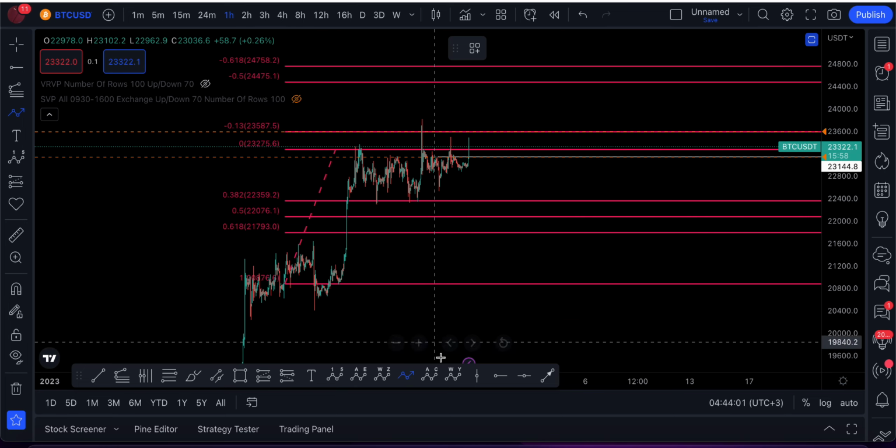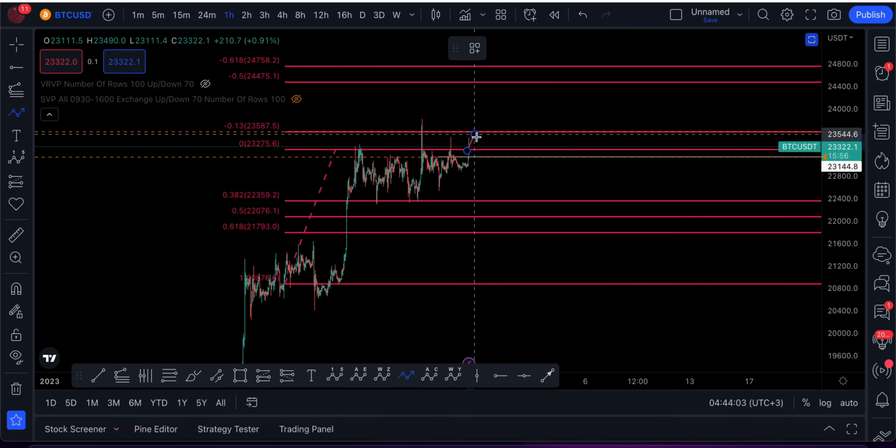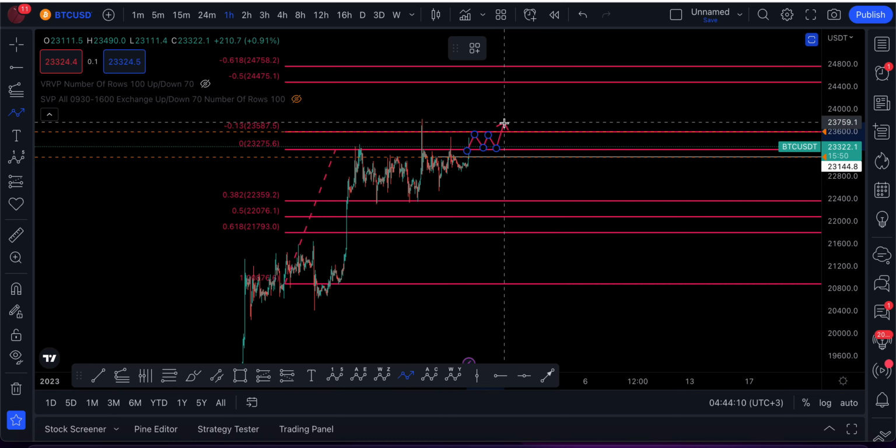If we can stay around in this area or bounce around in this area, that would be good. The best bull scenario would be if we break 23,587 somewhere there and then turn this into support.